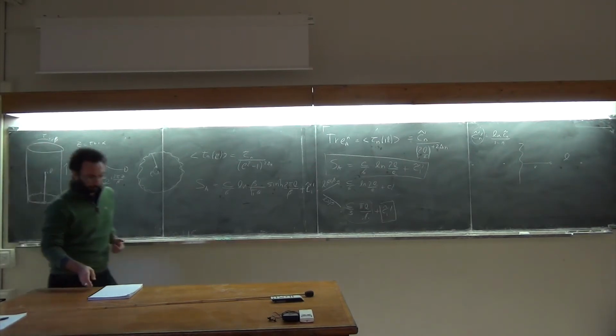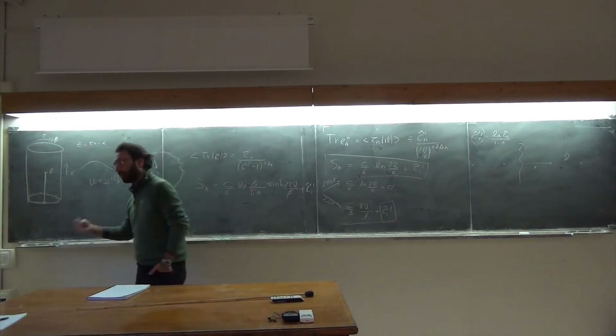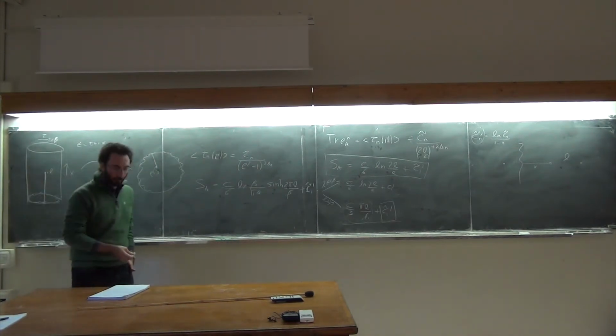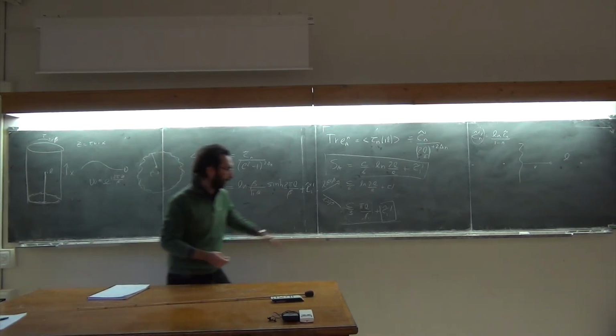In fact, this formula for the entropy at high temperature, the analogue of the Stefan-Boltzmann law for a system with boundary, was already written in a paper by Affleck at very high temperature.